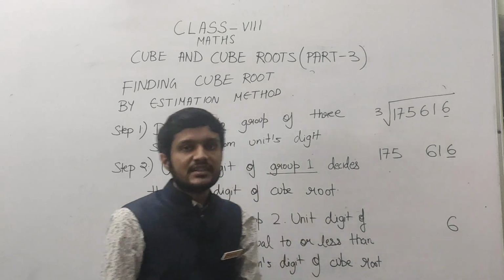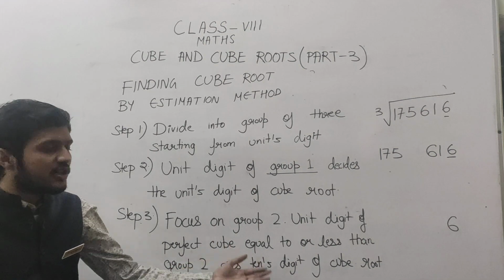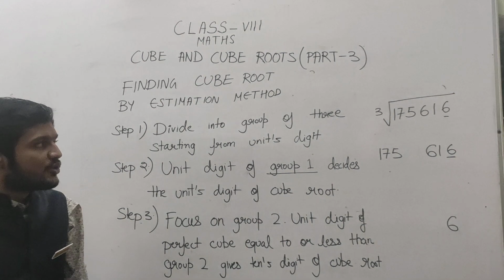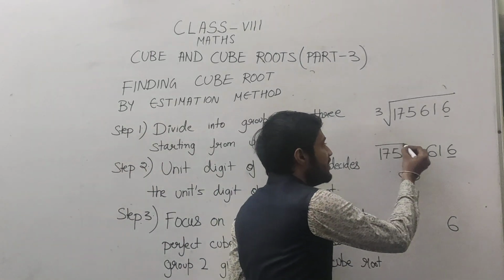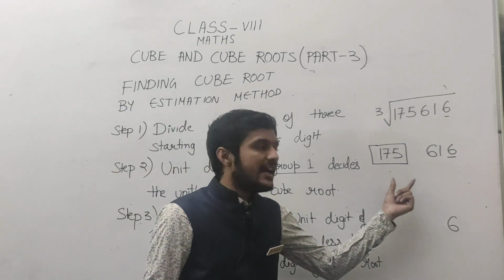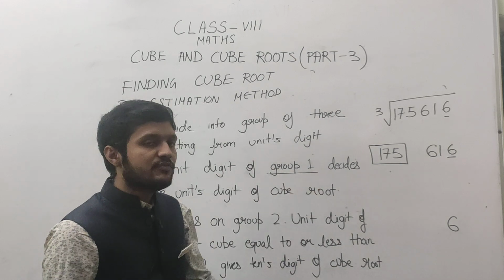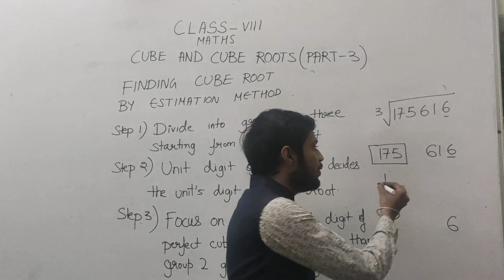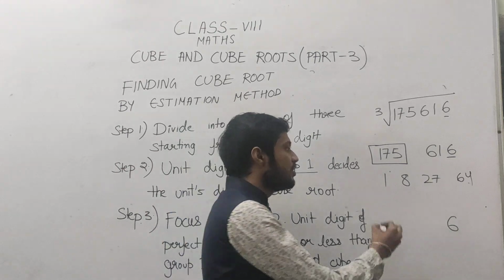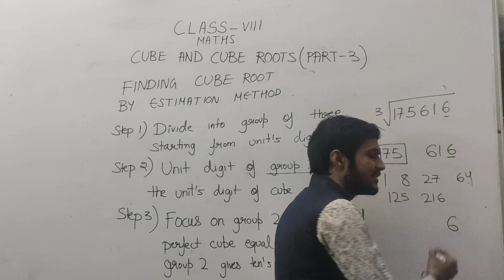Now what will be the tens digit? Step 3: focus on group 2. The unit digit of the perfect cube equal to or less than the group 2 number gives the tens digit of the cube root. The number in group 2 is 175. Now think of a number whose cube is either equal to 175 or less than 175. Starting with 1, cube of 1 is 1, cube of 2 is 8, cube of 3 is 27, cube of 4 is 64, cube of 5 is 125 and cube of 6 is 216.